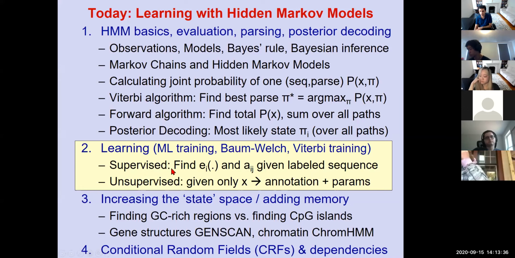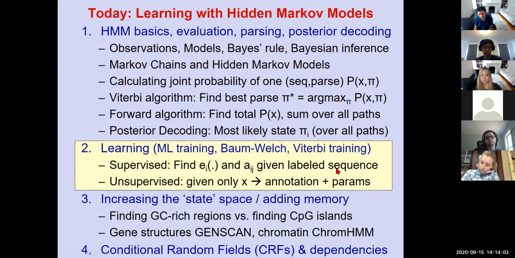If somebody comes and says, here's an annotated large sequence, how do you find the emission probability vectors and the transition probability matrix given a labeled sequence? And then how do we do this unsupervised? Given only a large sequence, how do we figure out both the annotation and the parameters? That's sort of the magic part, okay?